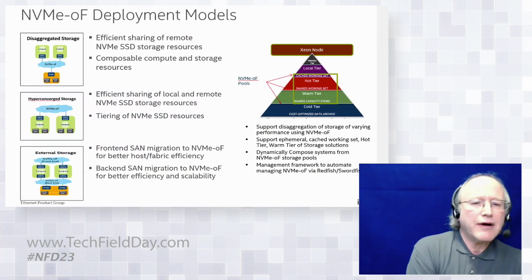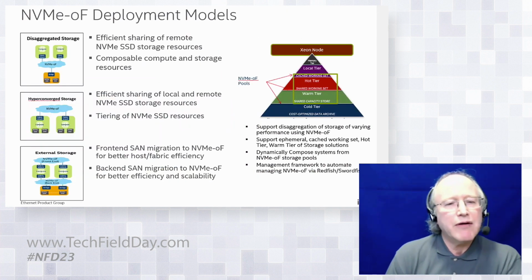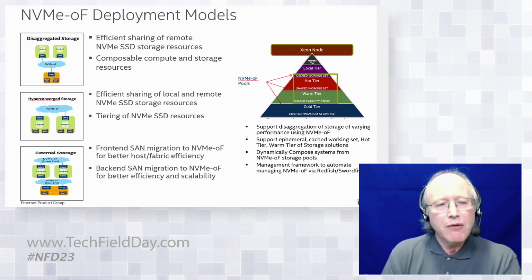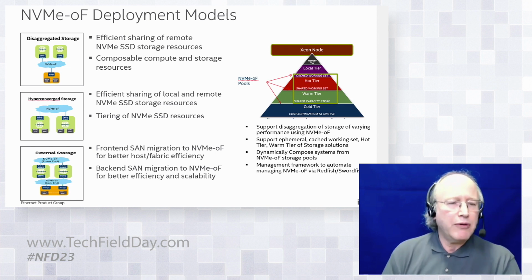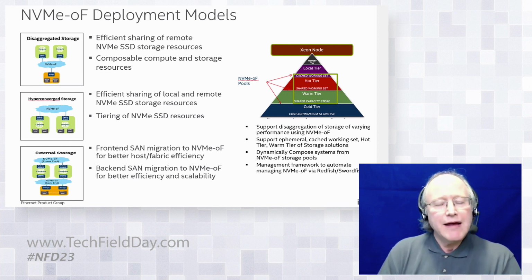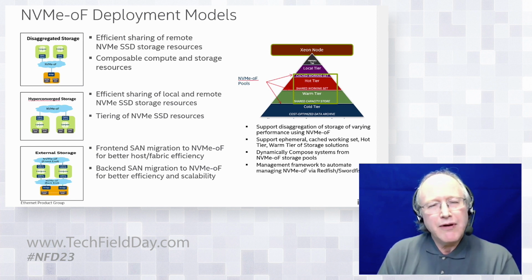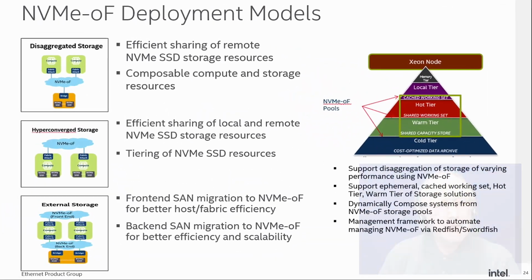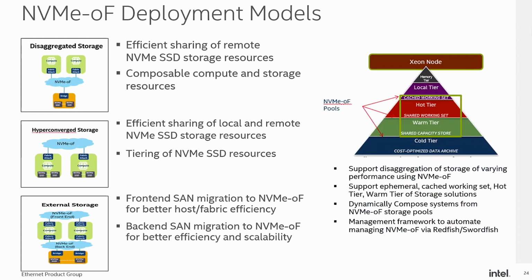Okay, and this is a high level view of the deployment models that you're seeing. One of the things you see with the evolution of NVMe SSDs is the capacity is growing quite a bit. You're starting to see SSDs with capacities in the 16, 32 terabyte range, and folks deploying solutions with direct attached SSDs are running into issues with shareability, what they term stranded capacity.